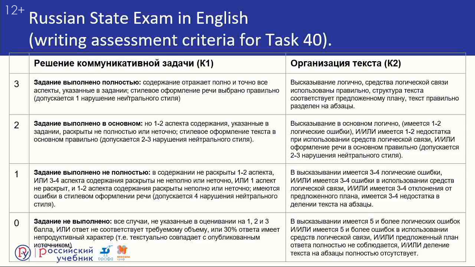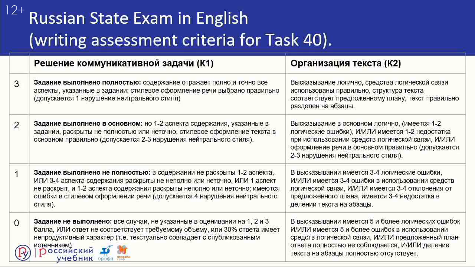Here you can see only two assessment criteria, which are, and now I will probably have to switch to Russian, because the assessment criteria for the Russian state exam are given in Russian, решение коммуникативной задачи, or communicative achievement in English, and text organization, or организация текста.